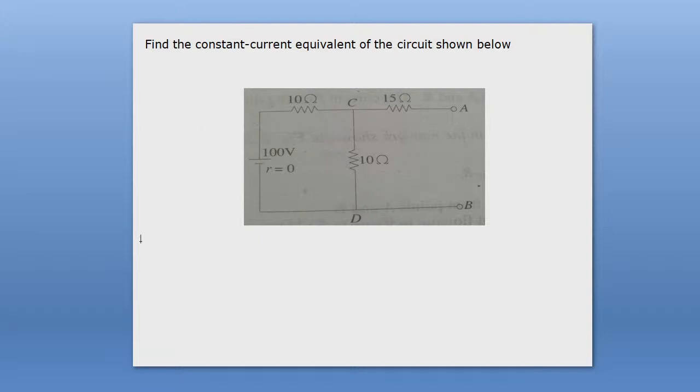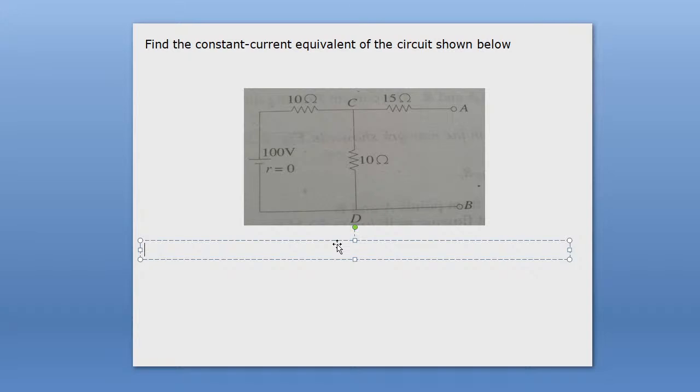So you see, if you short AB terminal, then you will get a circuit having a voltage source 100 volt and a series combination of 10 ohm resistance and the resultant resistance of the parallel combination of 10 ohm and 15 ohm.